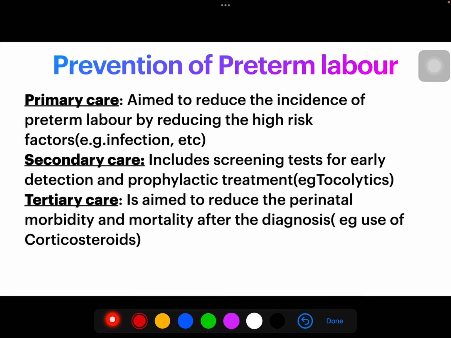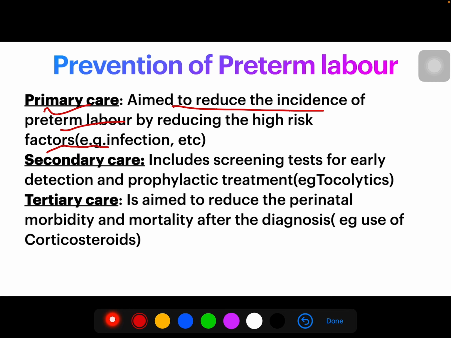So for the prevention of preterm labor, firstly we can do primary care, which aims to reduce the incidence of preterm labor by reducing high risk factors, like those we have talked about earlier. Some high risk factors we can minimize, like infection.